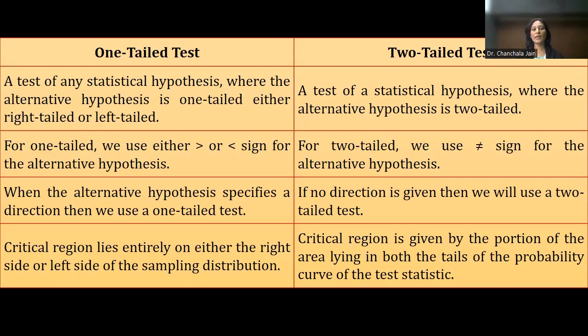The critical region lies entirely on either the right side or the left side of the sampling distribution in a one-tailed test, whereas in a two-tailed test the critical region lies on both tails of the sampling distribution curve.